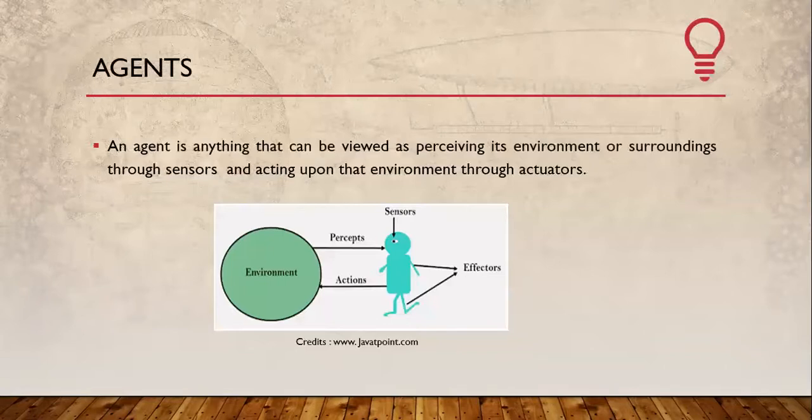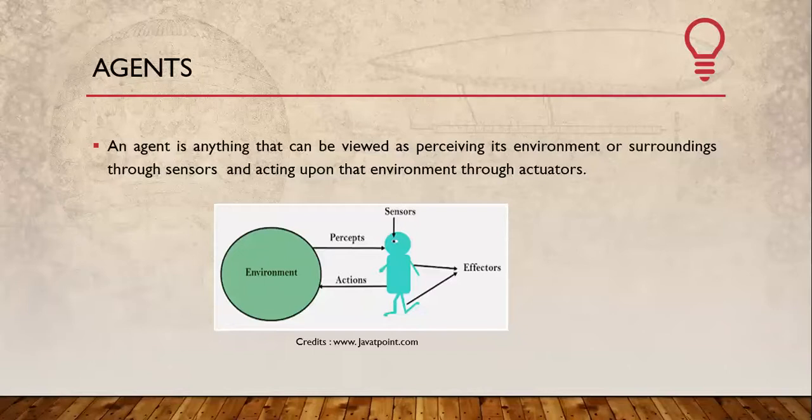So now, agent. An agent is anything that can be viewed as perceiving its environment or surroundings through sensors and acting upon that environment through actuators. So an agent can be anything. If we talk about a very layman example of an agent, I think we all behave as agents.